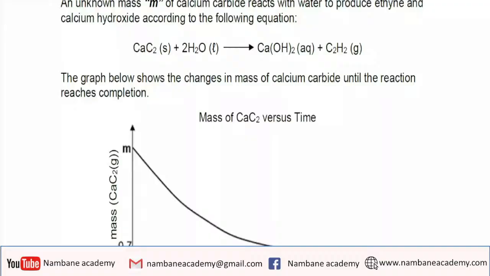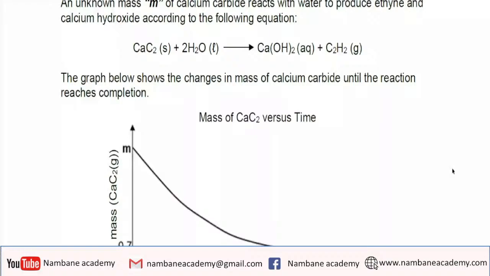Question number 3 says an unknown mass M of calcium carbide reacts with water to produce ethine and calcium hydroxide according to the following equation. The equation is given, and it is balanced. The graph below shows the changes in mass of calcium carbide until the reaction reaches completion.